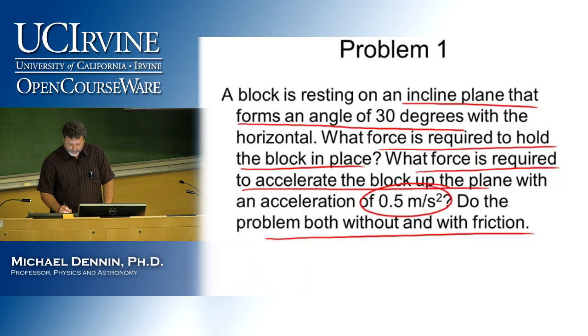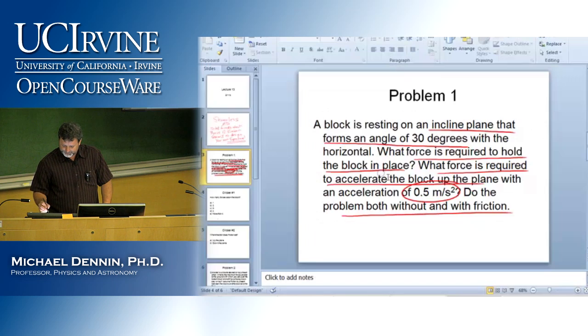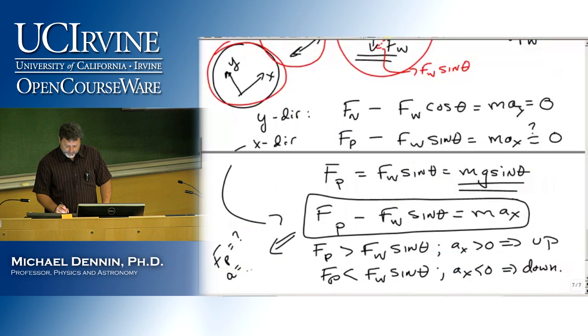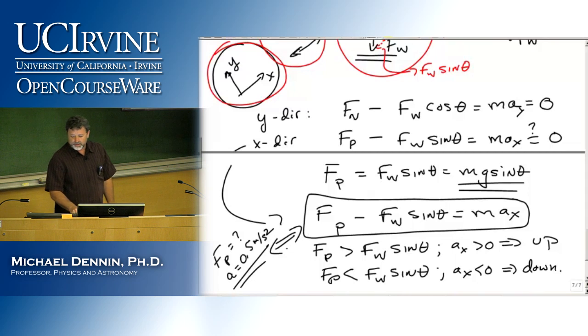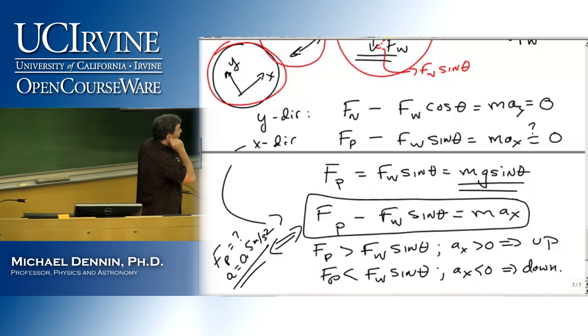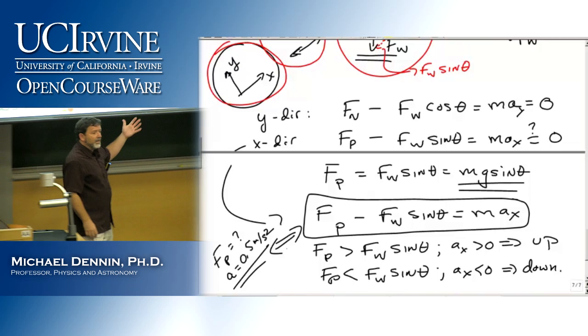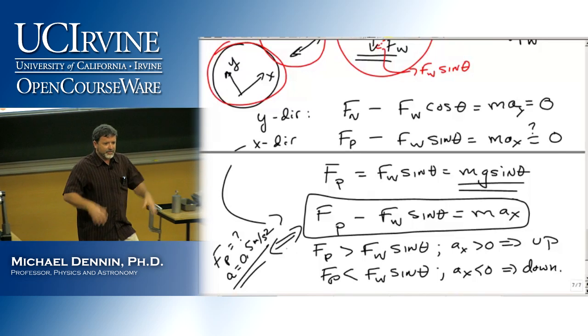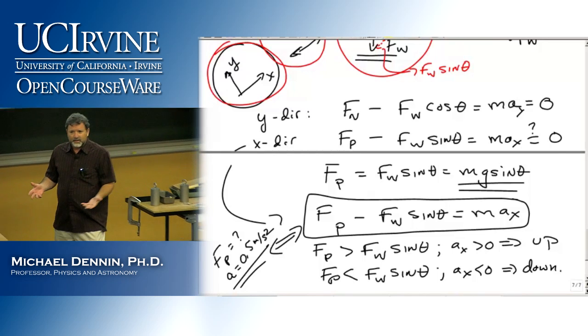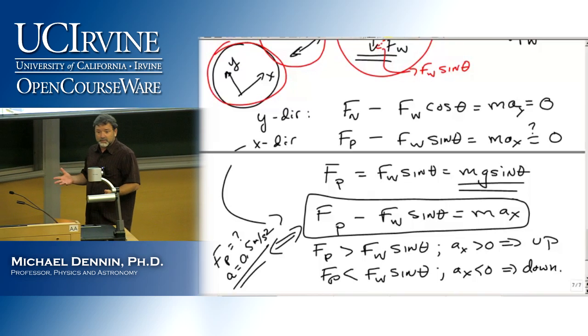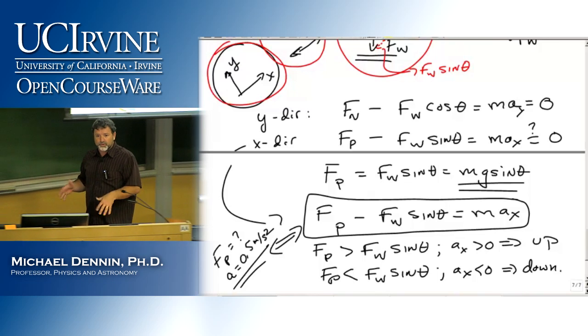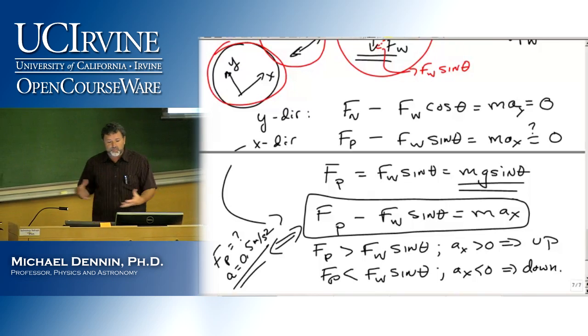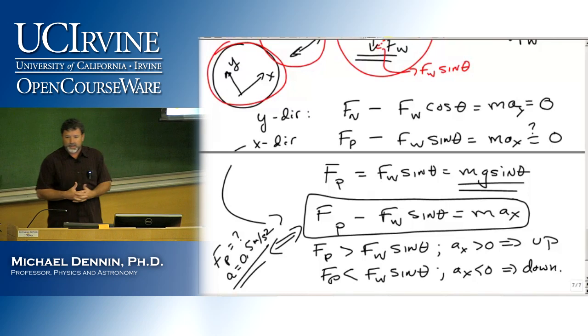So if I want to do the second part of the question, I just plug in a equals 0.5 meters per second squared, and I can solve for Fp. That's the other advantage of leaving it as variables to the end. If the question does happen to ask two different things, you don't have to resolve it. You can just plug in your numbers. You're done. We've solved the general problem, and now we can just plug in whatever numbers.